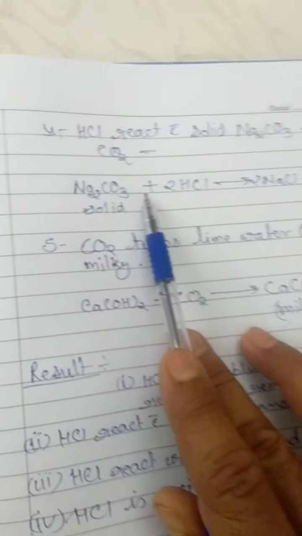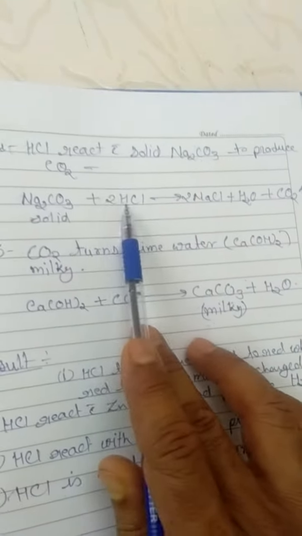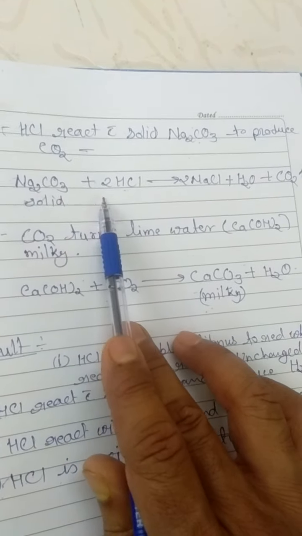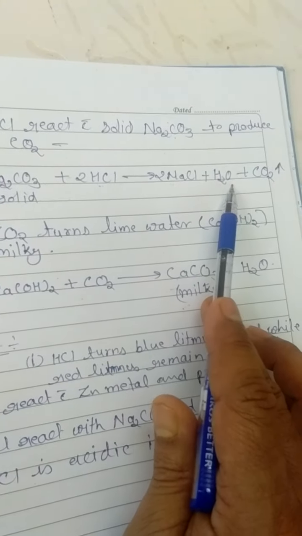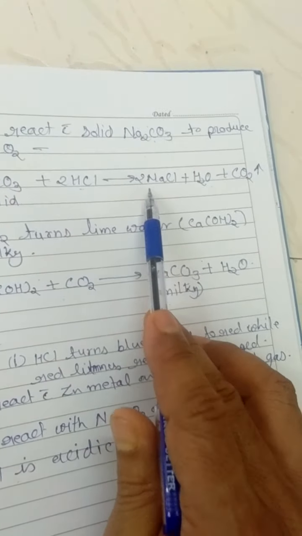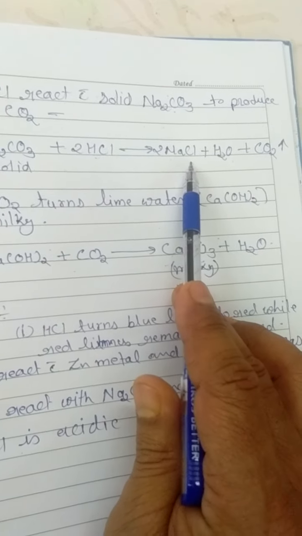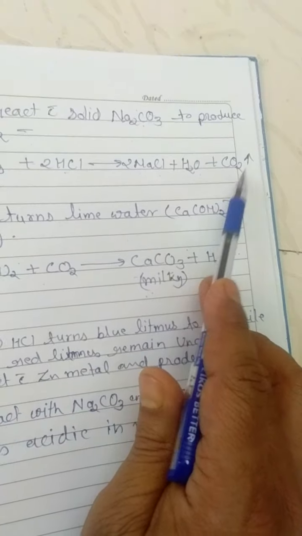So sodium carbonate plus hydrochloric acid undergo a neutralization reaction and form salt and water along with the liberation of carbon dioxide. The salt, NaCl, common salt, is produced along with the water, and carbon dioxide is liberated.